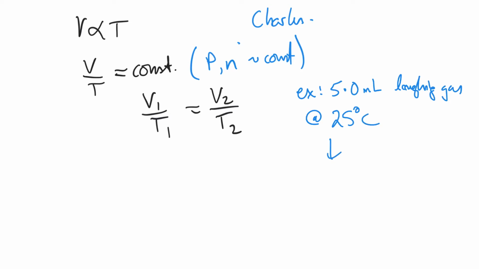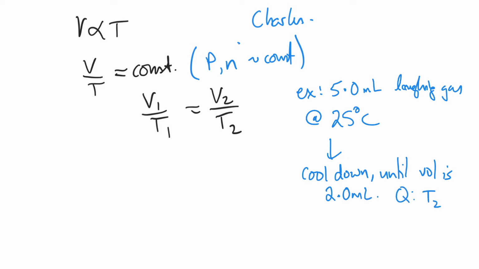And we are going to go ahead and cool it down until the volume is, say, 2.0 milliliters. And the question might be, what temperature is this equal to? So we want to know how cold we have to take our laughing gas and cool it down to until it only takes up 2 milliliters.